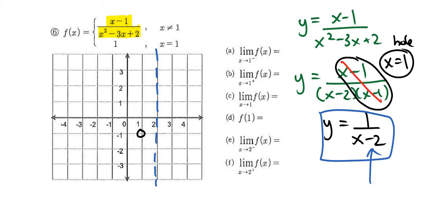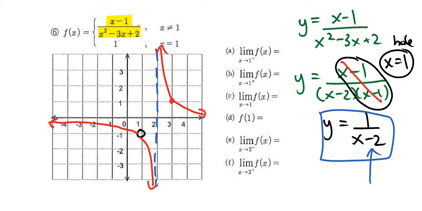And I know the graph looks like this. So it's a basic rational function there. And then we also have another point there, and the graph also goes like that as well. So there's my rational function there.